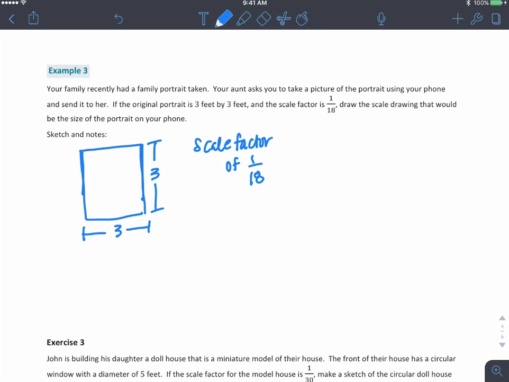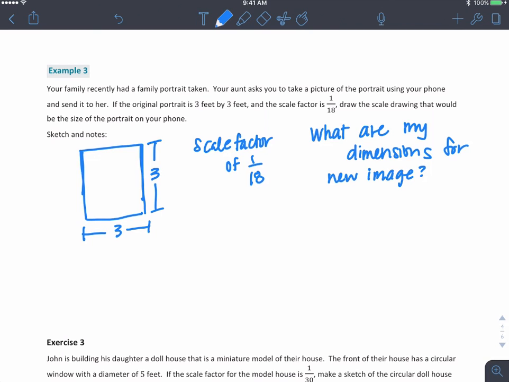So what are my dimensions? These measurements, by the way, are called dimensions for the new image. Again, the scale factor and the k value are going to be the same. So how did you find it before? Now you can find it again.